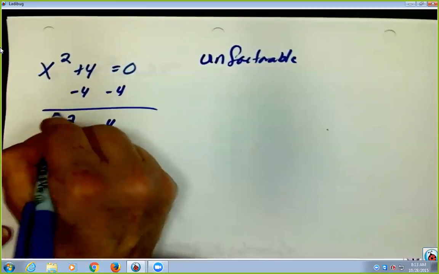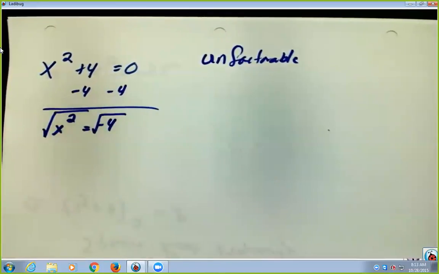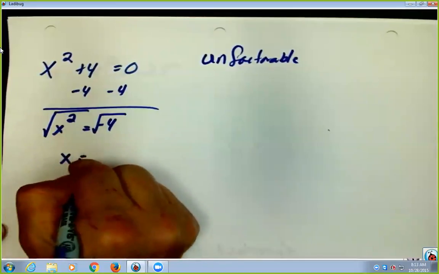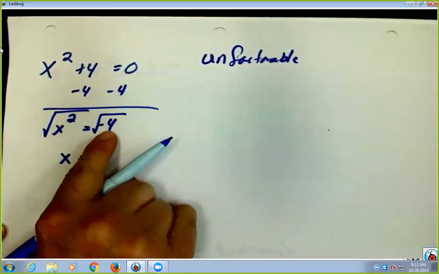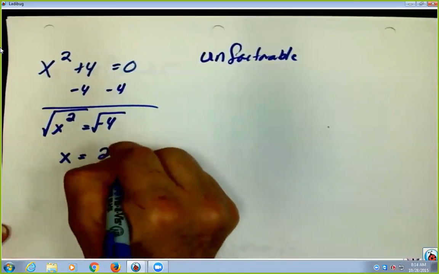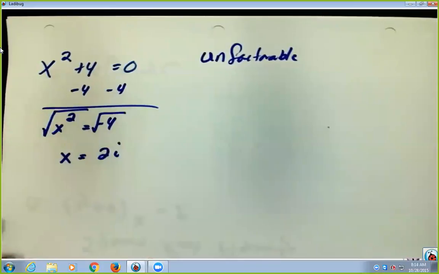Now if I take the square root of each side, what will I end up with? Well, the square root of x squared is x. The square root of a negative 4, back from chapter 9, what's that going to end up being? 2i. 2i, imaginary.